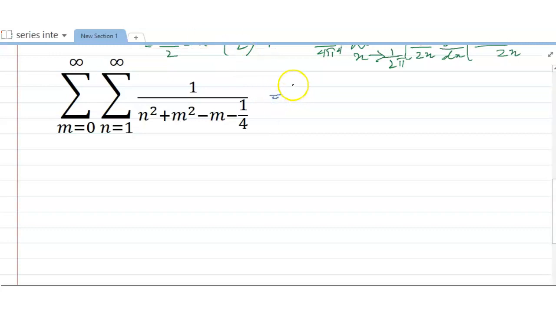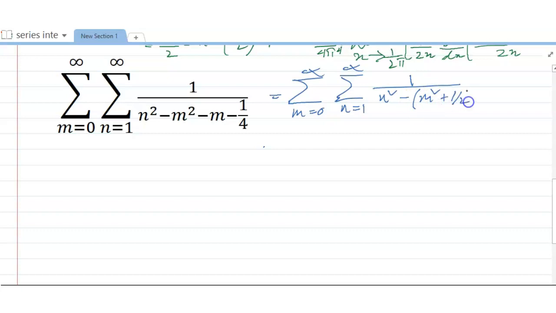It can be written this way: summation m equals 0 to infinity and summation n equals 1 to infinity 1 by n square, it is not plus, this is minus, m square plus 1 by 2 whole square.